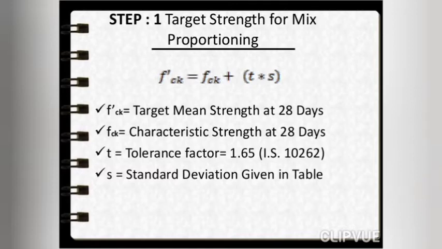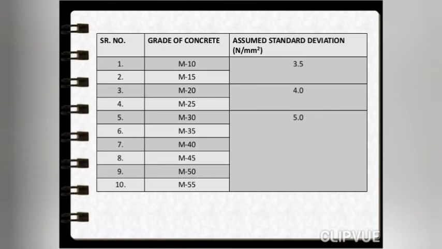S stands for the standard deviation given in the table. So the equation becomes F dash CK is equal to FCK plus T into S. So here we can see the assumed standard deviation values of different grades of concrete.